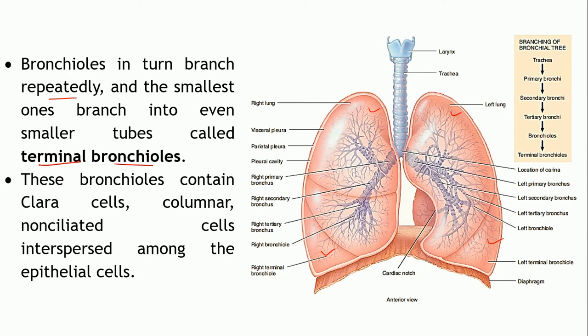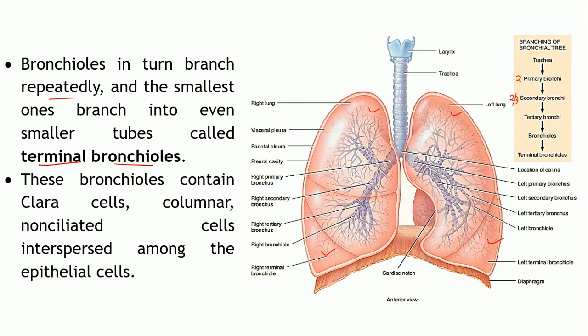As you can see, the branching from the trachea: the first is the primary bronchi. Since there are two lungs, there are two primary bronchi, right and left. What about the secondary bronchi? That depends upon the number of lobes, so either 2 or 3 secondary bronchi will be present depending upon which lung it is.